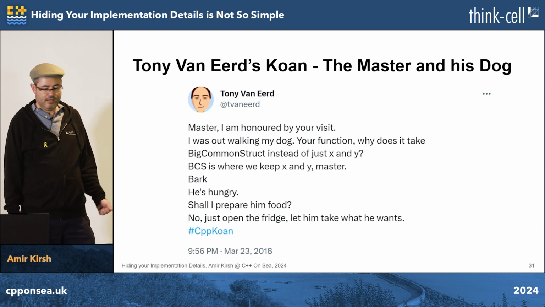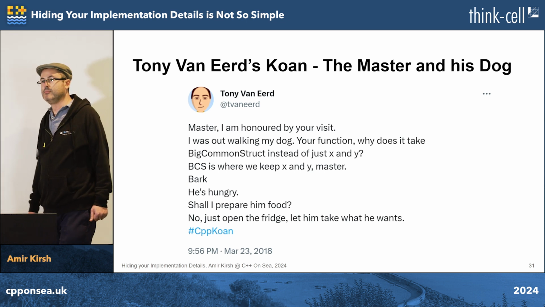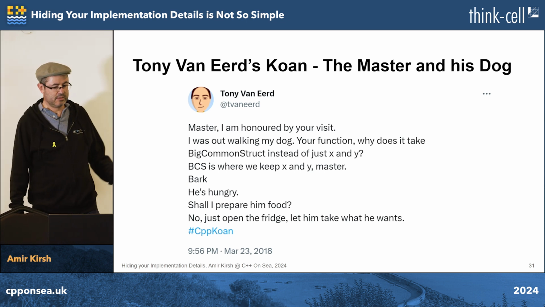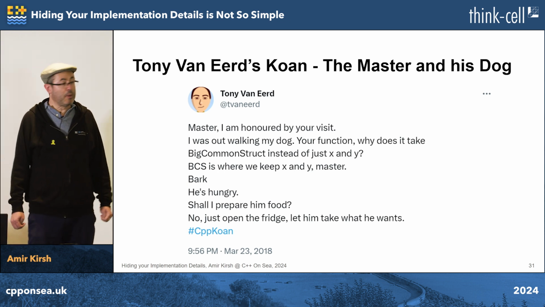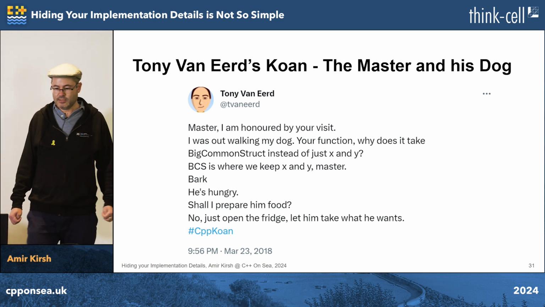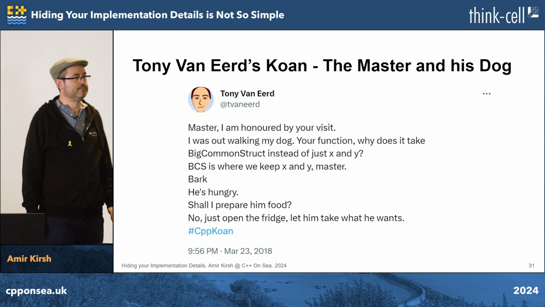And then the student answers, "Big common struct, BCS, is where we keep X and Y, master." Bark, the dog barks. He's hungry, the master says. "Shall I prepare him food?" the student asks. "No, just open the fridge. Let him take what he wants."